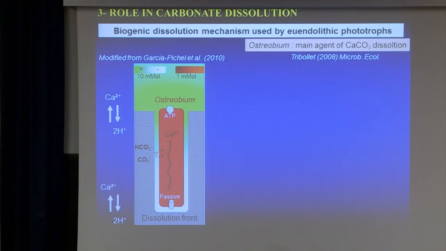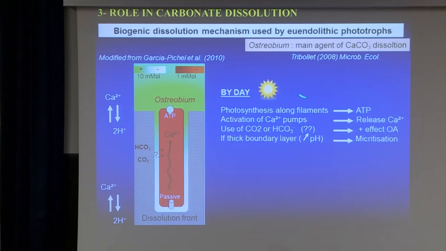We think that Garcia-Pichel is right, and what he found for cyanobacteria is probably true for chlorophytes here: that there is an exchange of calcium ions and protons at the dissolution front, creating the conditions for dissolution, and the calcium is released at the other end during the day.